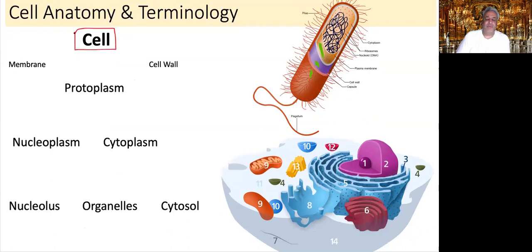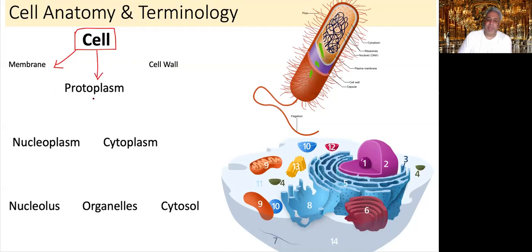And in the case of animal cells, they have a membrane, but we don't have a cell wall. Our cells are squishy. They don't have an overcoat, right? Whereas fungi and plants, they will definitely have an outer coat, a cell wall. But we're talking about animal cells. So an animal cell has a membrane, a plasma membrane, and then inside that membrane, just like with the bacteria, it has protoplasm, all the living matter, right?